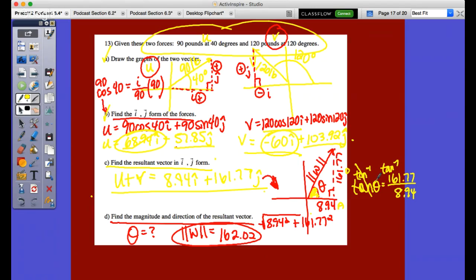So tan inverse of 161.77 divided by 8.94 is equal to 86.84. Perfect. So my theta is equal to that there.